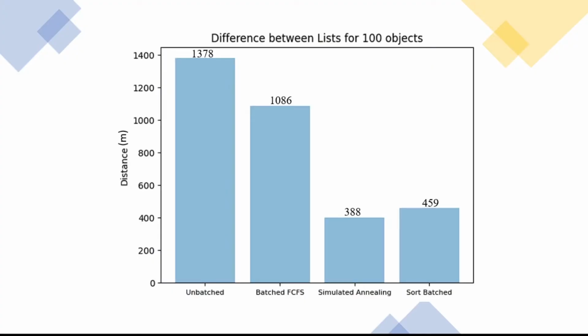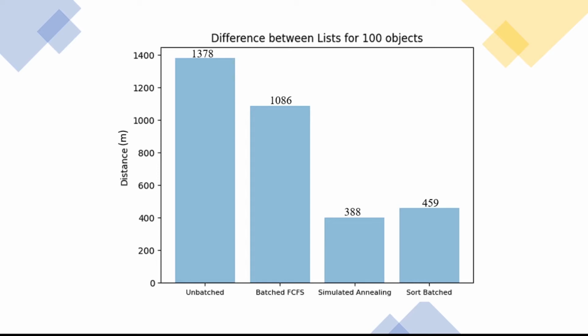Simulated annealing is able to contribute to minimizing the total distance in a warehouse. Comparing the unbatched and batched solutions, as we can see from this figure, it is clear that there are some reductions in the total travel distance. The simulated annealing algorithm is able to further optimize the order batching sequence as compared to the batch FCFS method, and is able to further improve the solution by 64.27%, which is a reduction of 698 meters.